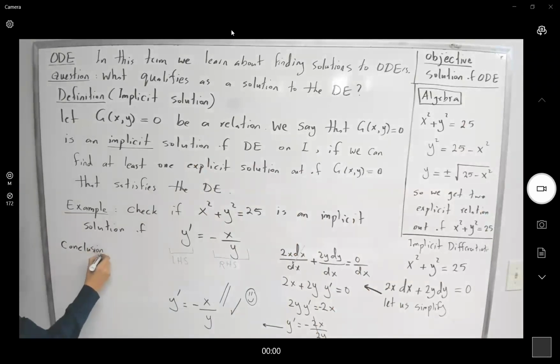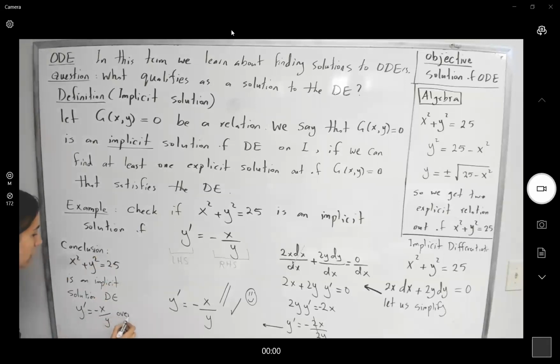Conclusion is x squared plus y squared equals to 25 is an implicit solution to the differential equation y prime equals to negative x over y over the interval I, negative 5 to 5. This is our conclusion.